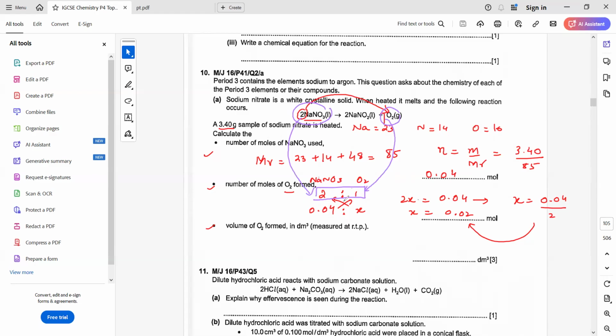So we had 0.04 moles of NaNO3 in part 1. So we assumed X moles of oxygen, right? Since oxygen's mass is not given, there is no other way to calculate moles of oxygen. We can only use ratio proportion. And then I have cross multiplied them, and then get this answer. You get this?